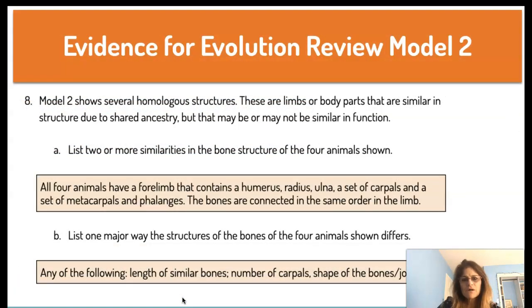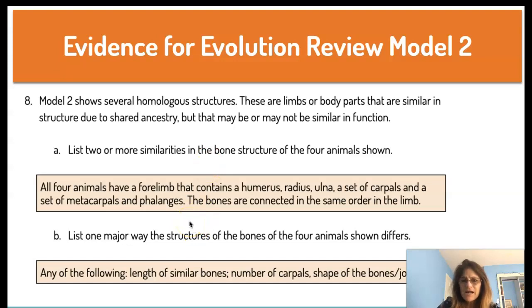Okay, now we're on to Model 2. Model 2 shows a classic diagram, which you should become very familiar with, several what we call homologous structures. These are limbs or body parts that are similar in structure because of shared ancestry, even though they are not necessarily similar in function. So list two or more similarities in the bone structure of the four animals shown.